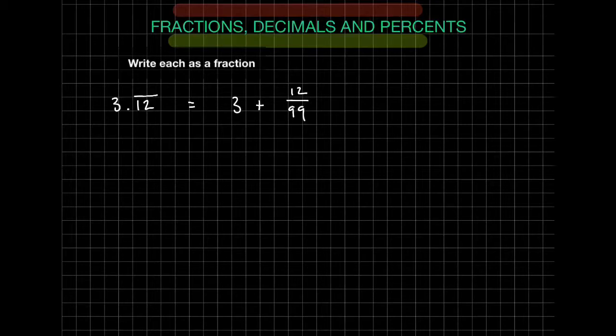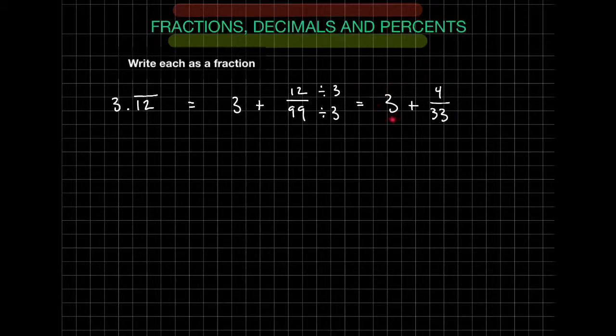So 12 over 99, we know that can reduce by 3. So this whole thing equals 3 plus, 12 divided by 3 gives us 4, 99 divided by 3 gives us 33. So here's what we're left with, 3 plus 4 over 33.